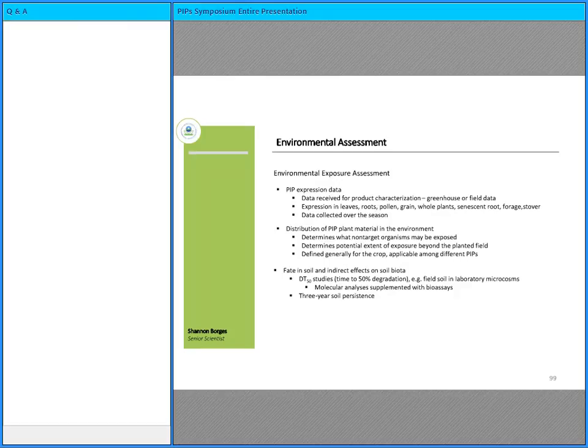For the fate in the environment, we typically look at the degradation within the soil. That generally involves just one study to calculate the half-life, or the DT50. These are typically measured in field soil that's brought into the laboratory and recreated into microcosms.